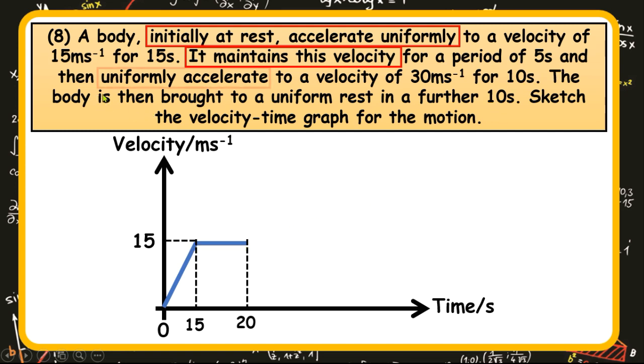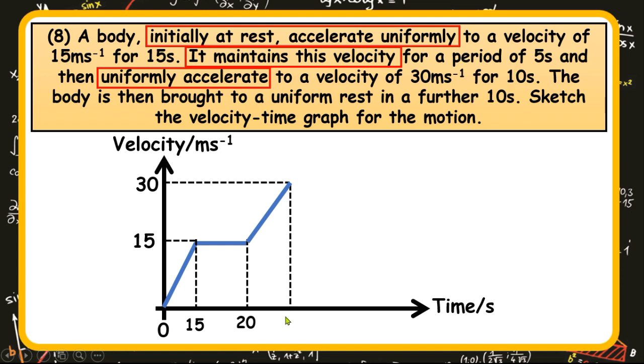And then it uniformly accelerates. So another uniform acceleration. Before that, it says accelerate uniformly, maintain velocity, and you are now back to another uniform acceleration to a velocity of 30 meters per second. So from the 15 meters per second, it's uniformly accelerated up like this to another velocity called 30 meters per second in a time of 10 seconds.